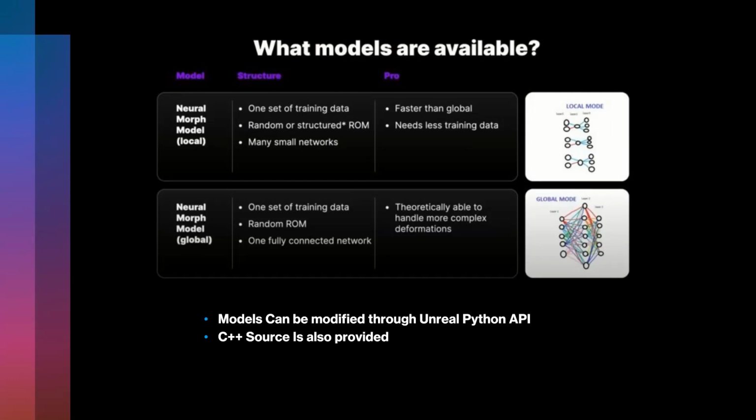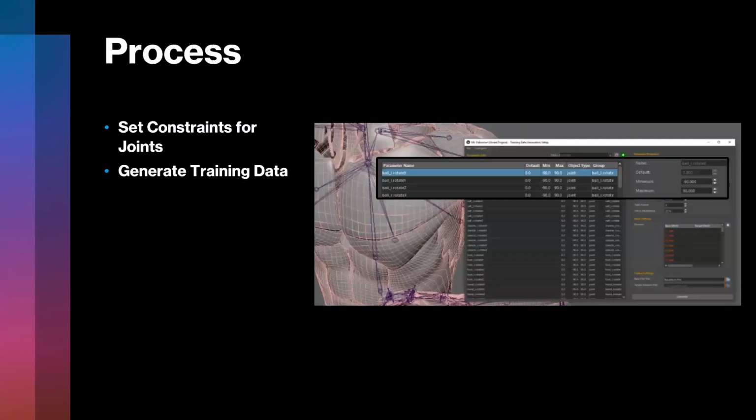I just wanted to cover the application that we have of this particular machine learning model. This can be accessed through a Python API, and there's also C++ source code for it, if anybody's interested. Okay, and the process looks very simple. They have this application. This could be done through Python, but there's also a visual application.